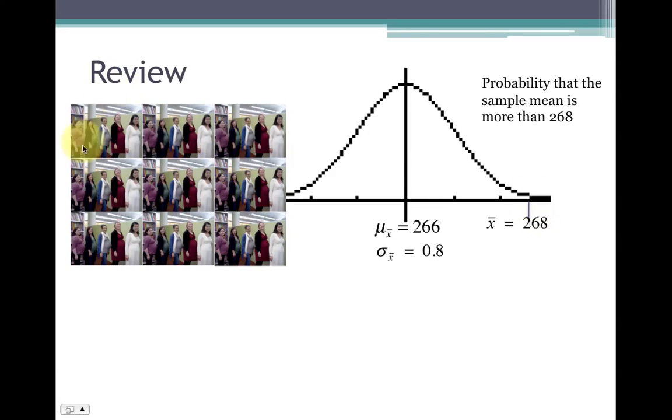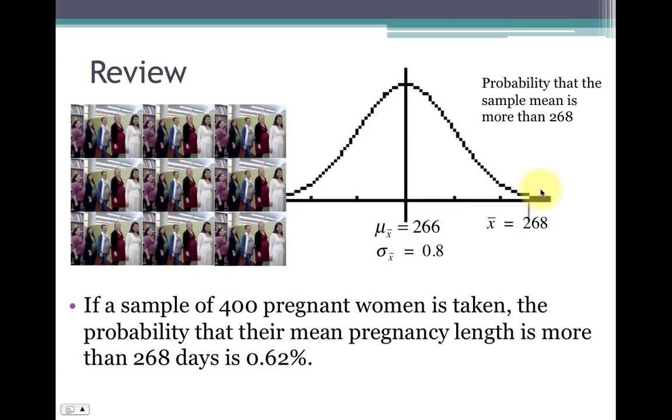So imagine that you have 400 women. This is not 400, but imagine that we have 400 women. If a sample of 400 women is taken, the probability that their mean pregnancy length is more than 268 days is 0.62%. Okay, so it's not likely that we can get 400 women at random and have their mean pregnancy length be 268 days or more.